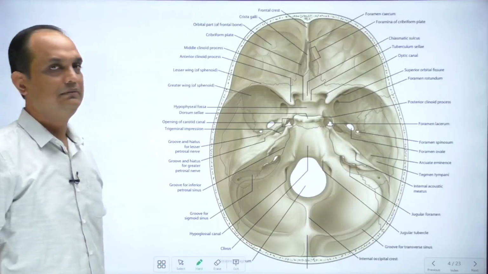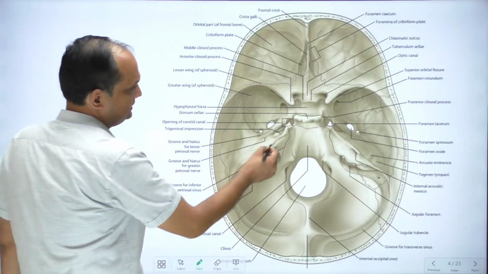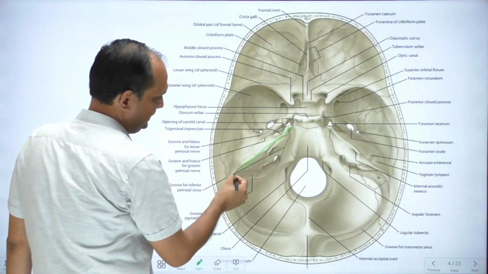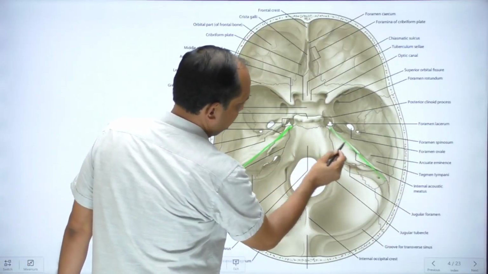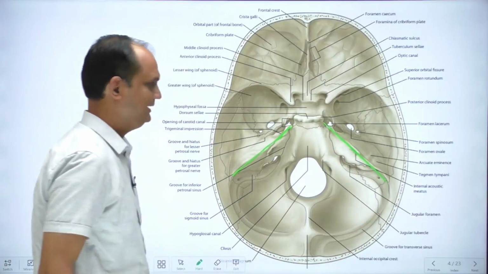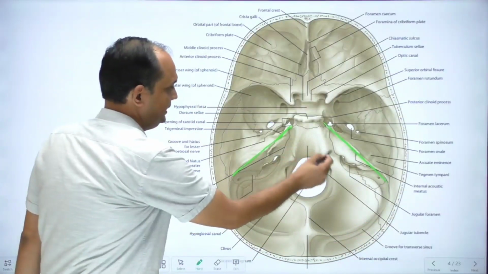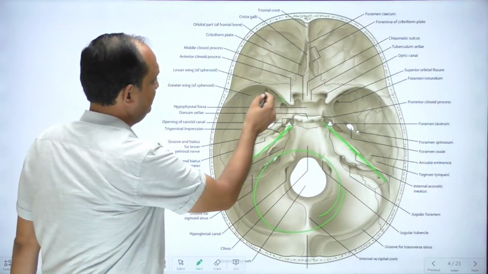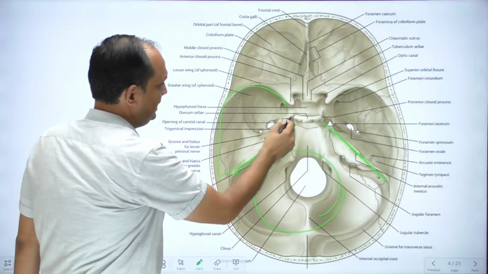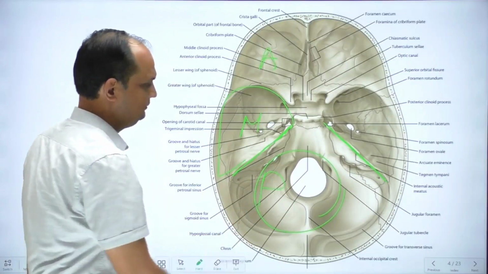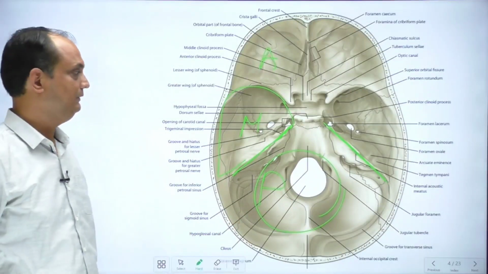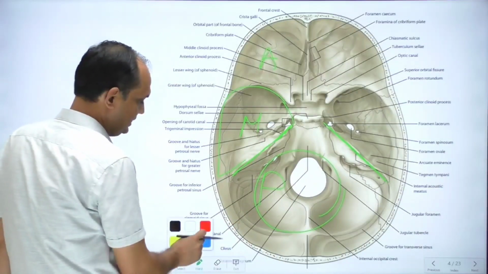In this diagram you can appreciate that this is the superior border of the petrous part of the temporal bone. This superior border separates the posterior cranial fossa from the middle cranial fossa. So you have anterior, middle and posterior cranial fossa. Now what is the boundary between the middle and posterior cranial fossa?